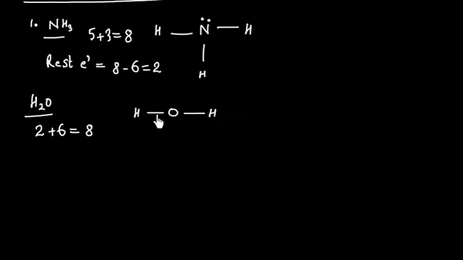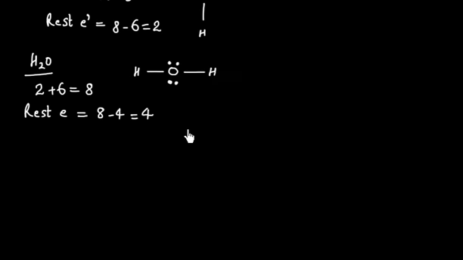We have used 2 electrons here and 2 electrons here, that is 4 electrons used. So the rest is 8 minus 4, that is 4 electrons. These 4 electrons I can put as lone pairs on oxygen, and then I can check the octet. Oxygen has its octet, hydrogen has its duet, so everybody has its octet or duet complete.